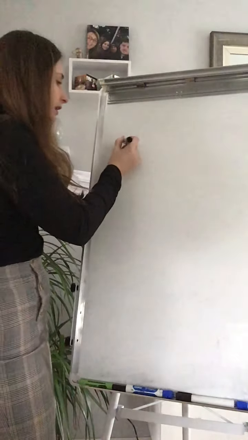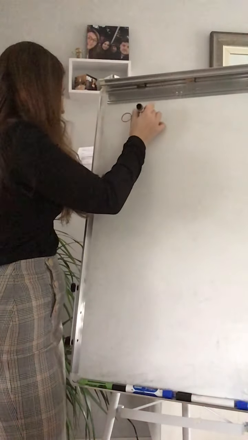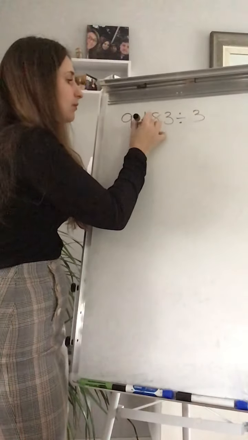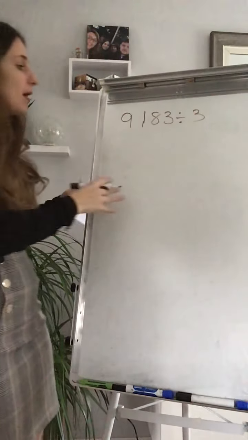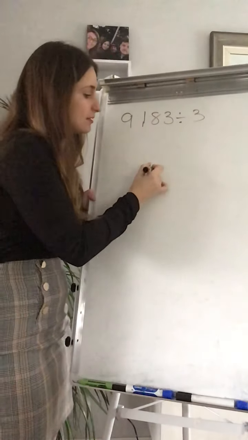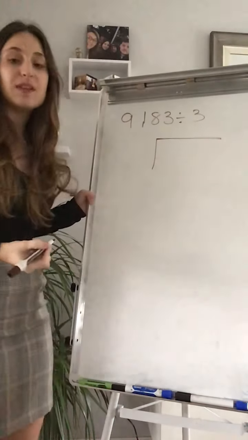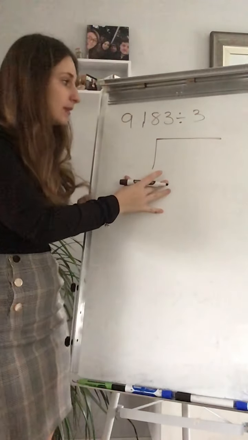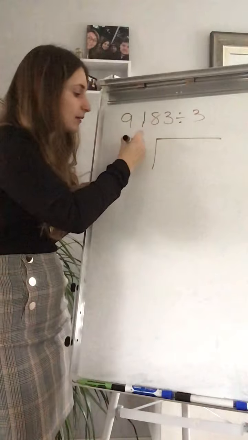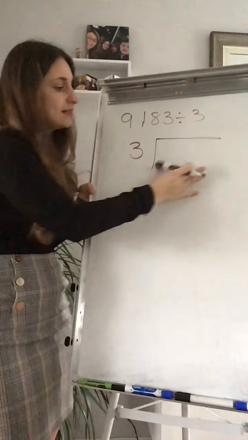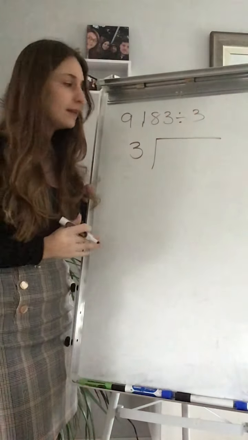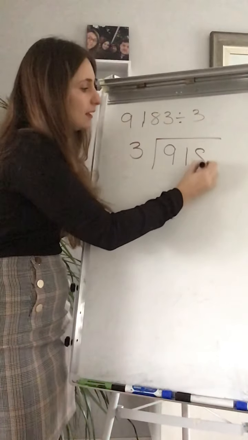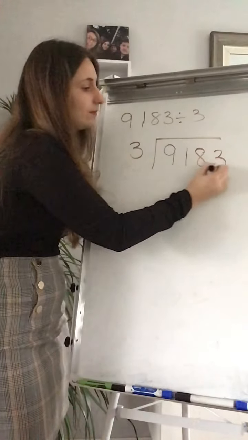Right, I'm going to have 9,183 divided by 3. Now remember that my short division starts like a bus method. That's how we know it, but it's called the short division method. We are going to put my 3 there, and inside, the numbers that need to be divided: 9, 1, 8, and 3.